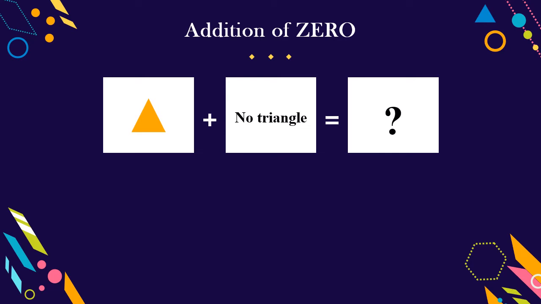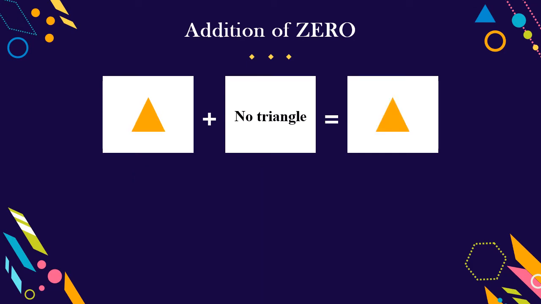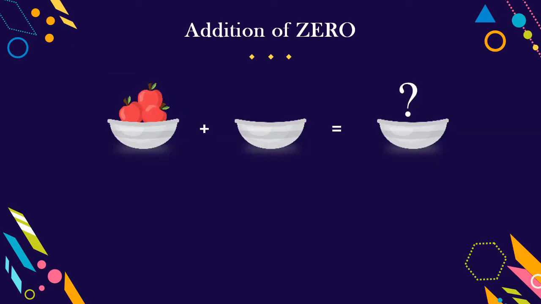Students, you can see there is one triangle in the first box and no triangle in the other box. How many triangles in both the boxes do we have now? We have one triangle in all. So we have 1 plus 0 equals 1.